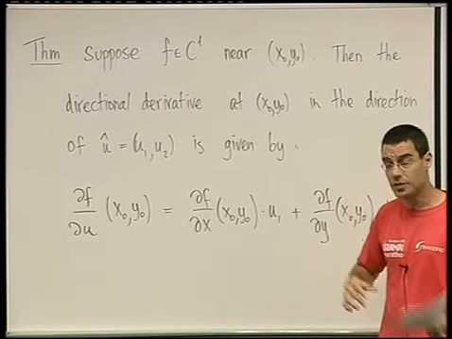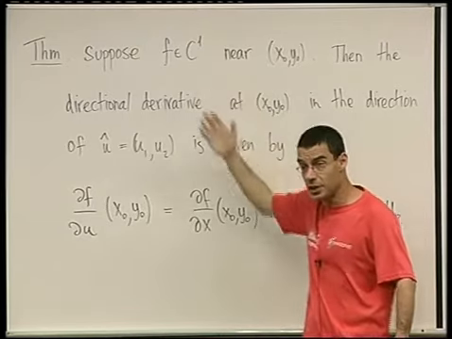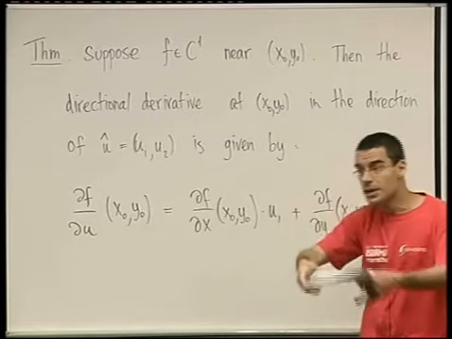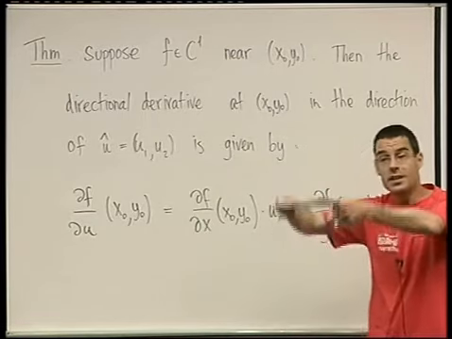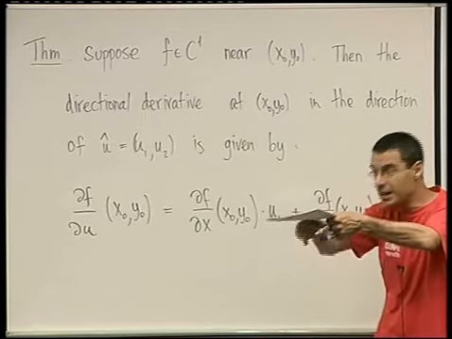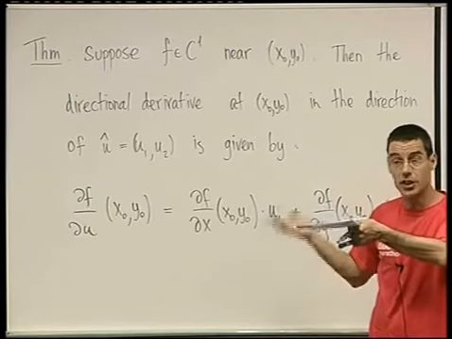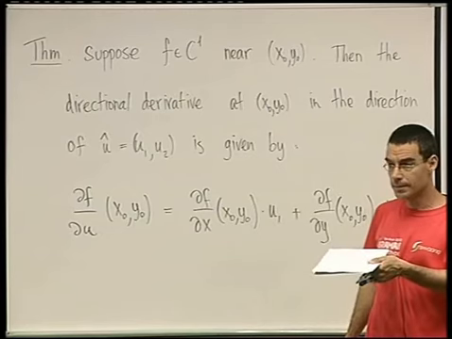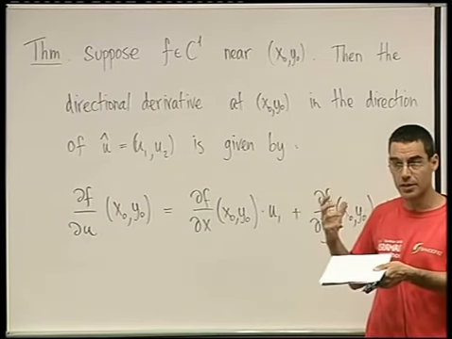Because you should think of differentiable functions, or C1 functions, as smooth. And when they're smooth, they have a tangent plane. And when they have a tangent plane, in any direction, they're going to have a tangent line. Those are the directional derivatives. Good? Did that make sense?